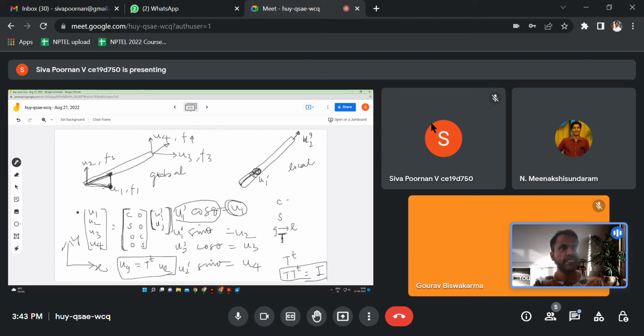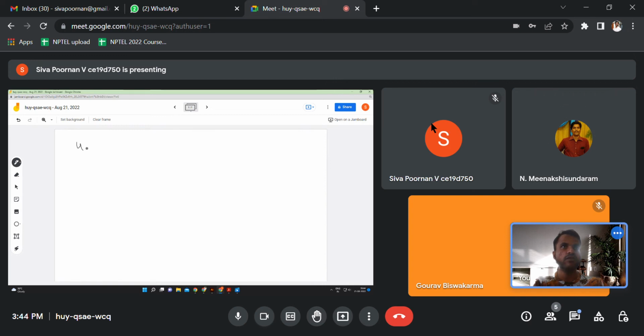I'll just go to the next page and do it. Just remember this equation: global coordinates are equal to t transpose times local coordinates. If I multiply t on both the sides, then t t transpose happens to be unity.